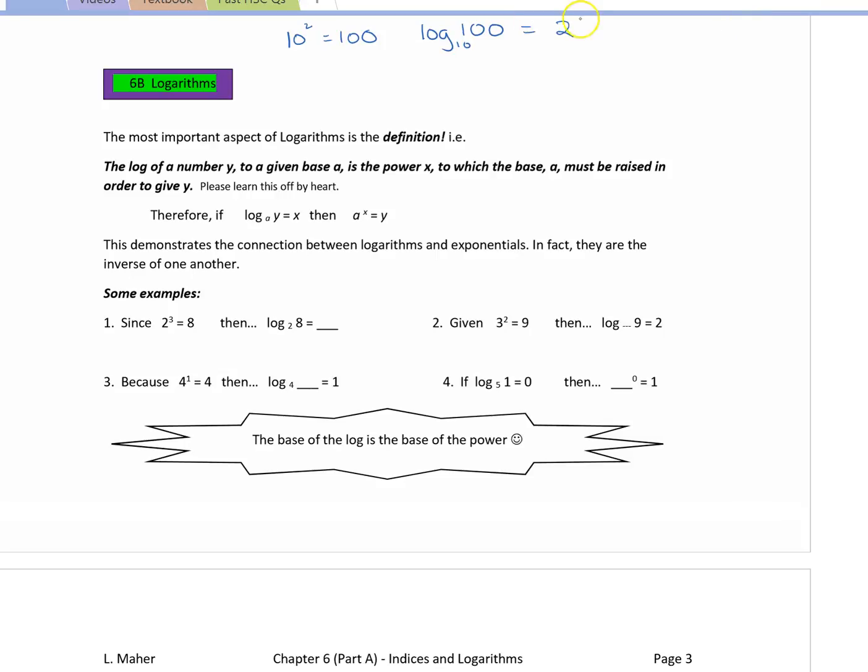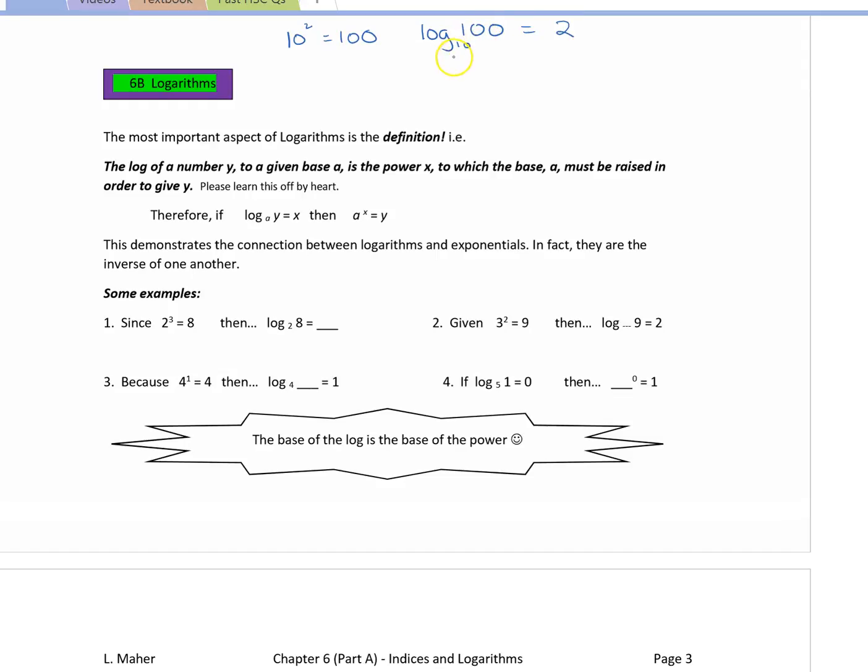That's the connection between indices and logs. Raising some number to an index produces a number, and taking the log of that number, to a given base, gives me back the index.